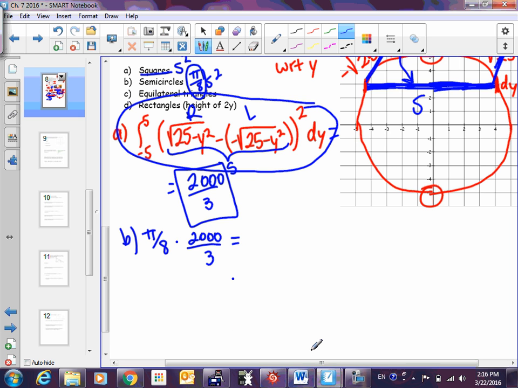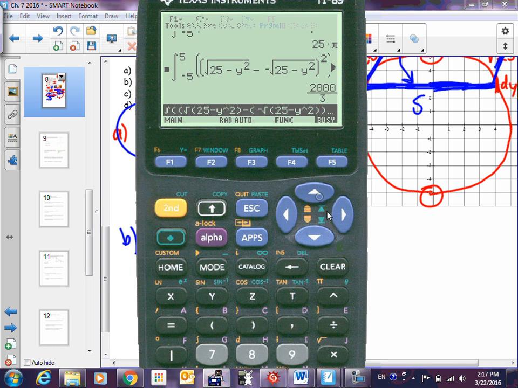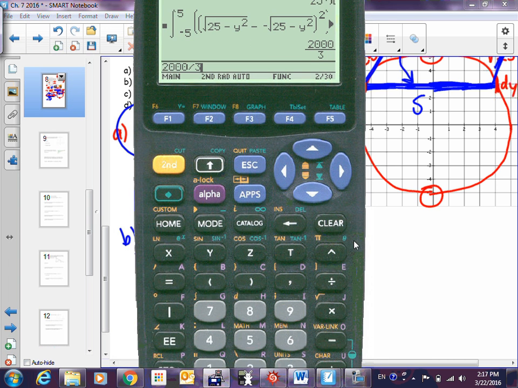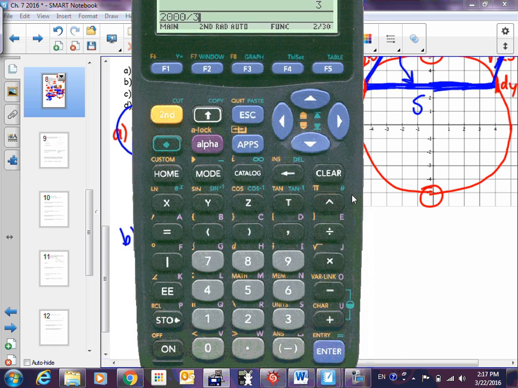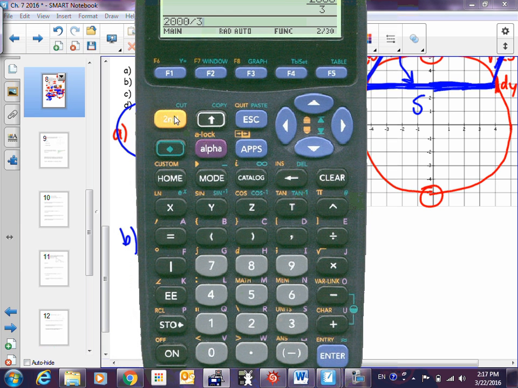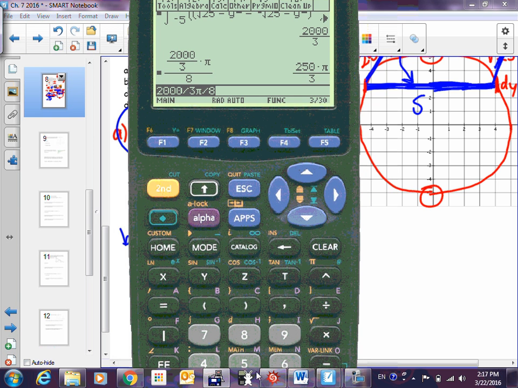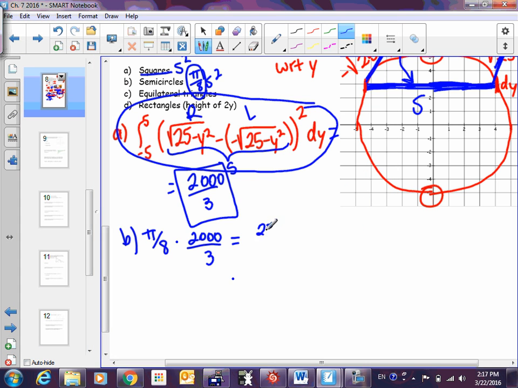And I think that simplifies. There we go. 250 pi over 3. That's perfect.